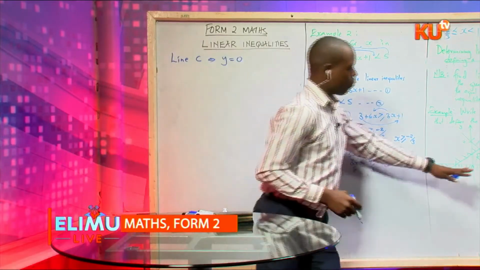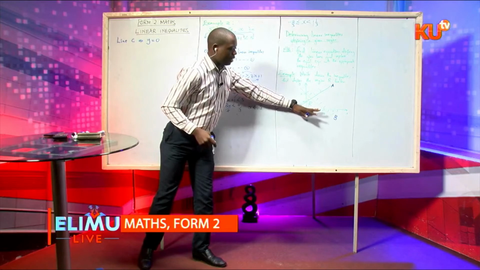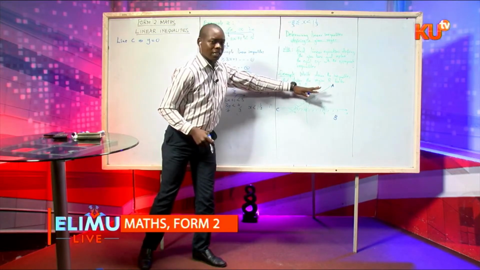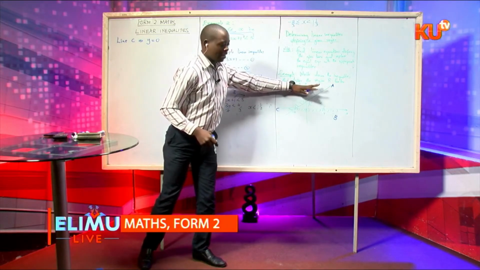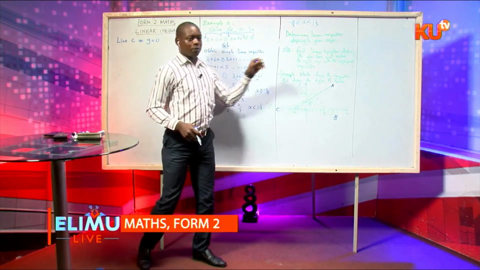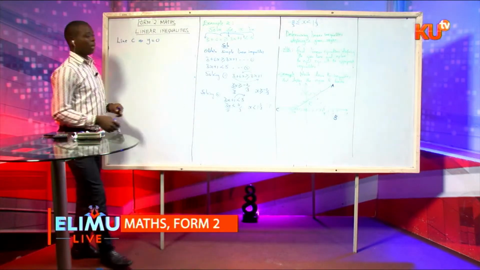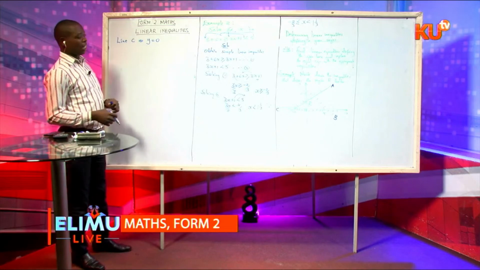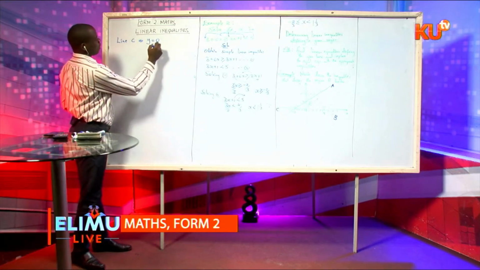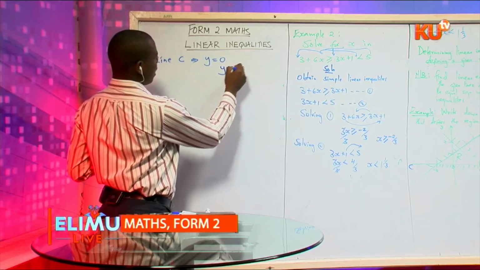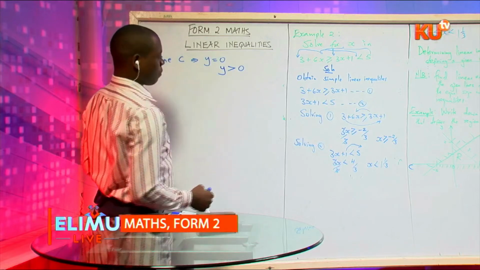So for these values of y, the region is above the x-axis on the upper side, where the values are positive. Then it tells you that those values are automatically greater than 0. So the inequality becomes y greater than 0.